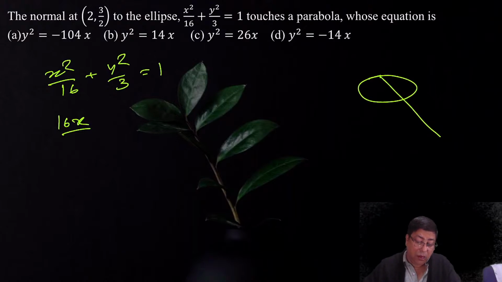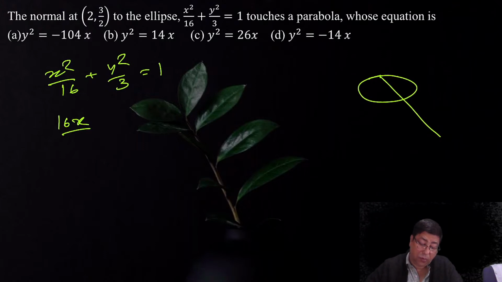The sum is that the normal at (2, 3/2) to the ellipse x square by 16 plus y square by 3 equal to 1 touches a parabola whose equation we have to find out. The equation of the normal is x1 by a minus y1 by b equal to a square minus b square.